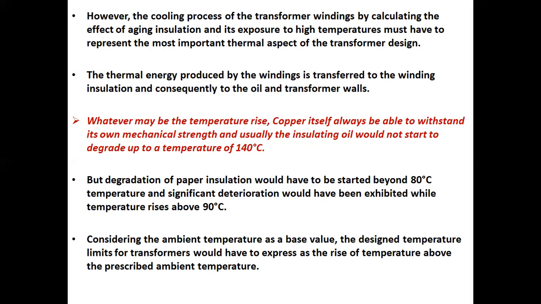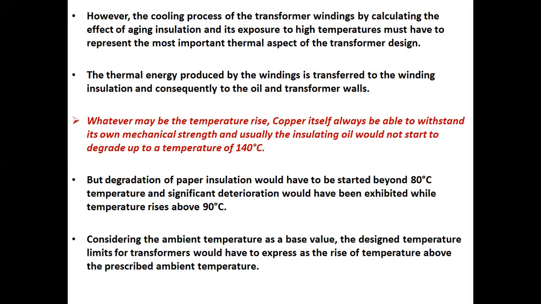Whatever the temperature rise, copper itself is always able to withstand it mechanically, and usually the insulating oil does not start to degrade up to a temperature of 140 degrees centigrade.